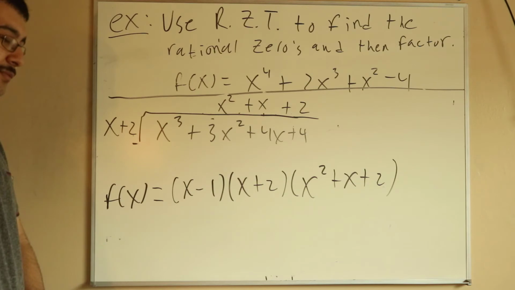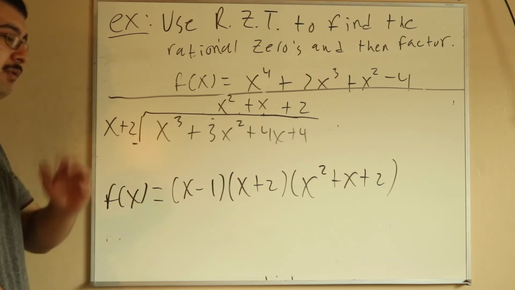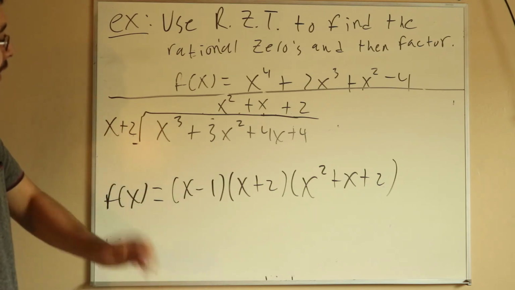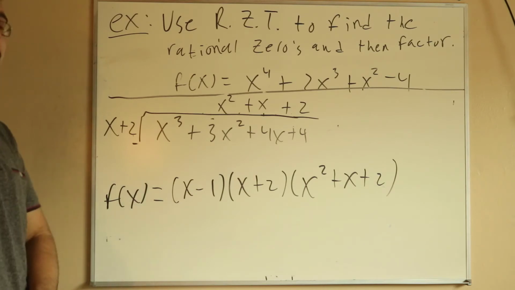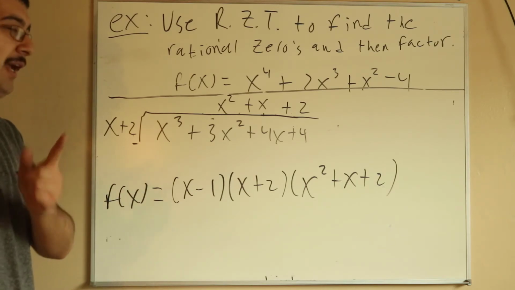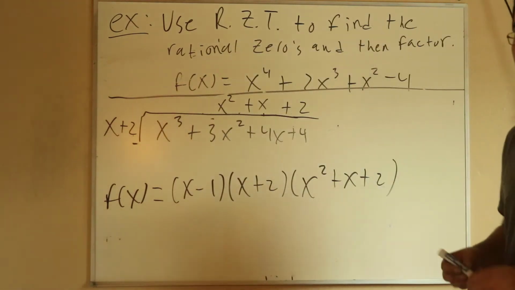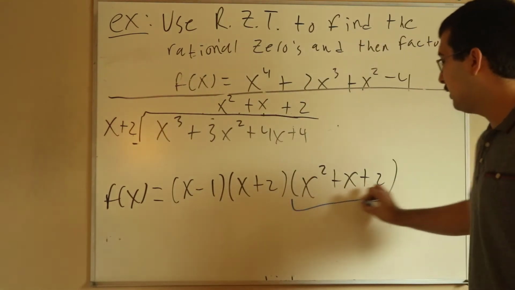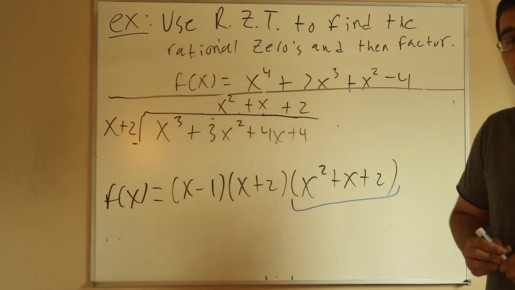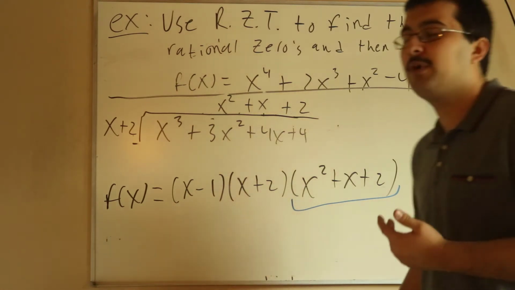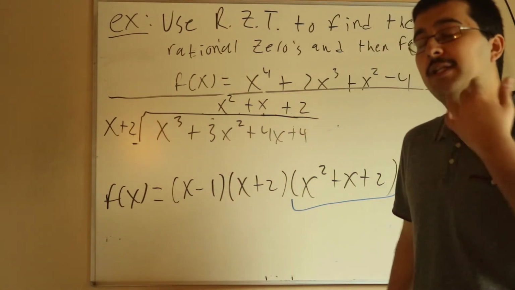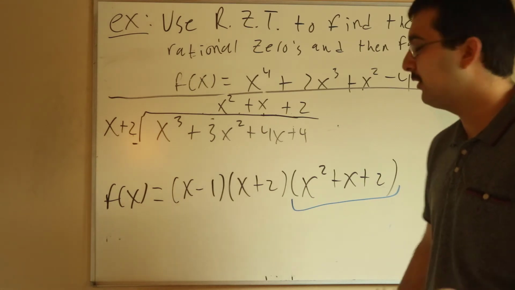Now, if you have a bit of an unsettling feeling about this final answer, that's okay. And I kind of agree with you. The reason why is, of course, when we talk about factoring a function completely, that usually means we want to factor it until it's just a bunch of linear terms being multiplied together, right?